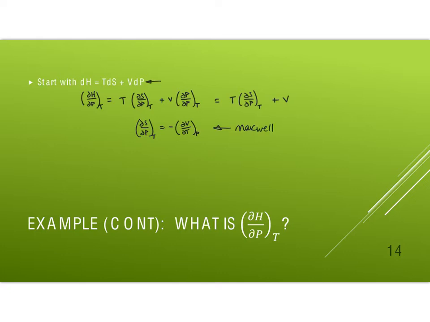That's one of my Maxwells. So therefore, (dH/dP) at constant temperature is negative T (dV/dT) at constant pressure plus the volume. So now everything here is in terms of things that are measurable.